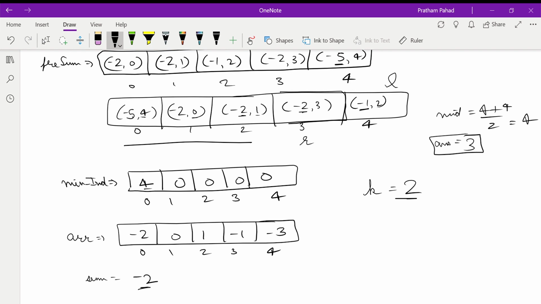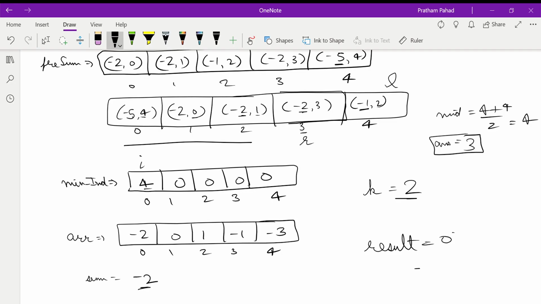So you will update your result also with i minus the minimum index of the index you got, which was 3. What is i? i is 0. 0 minus minimum index of 3, which is 0. So initially your answer is 0.